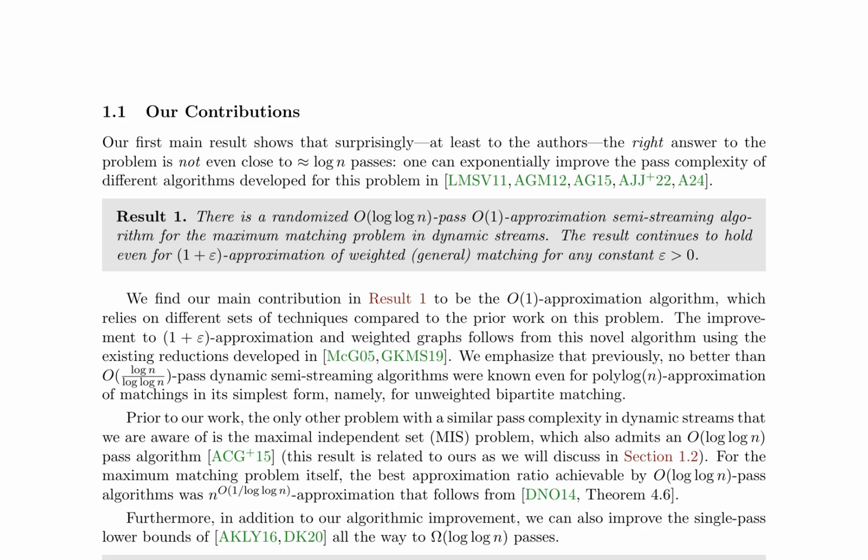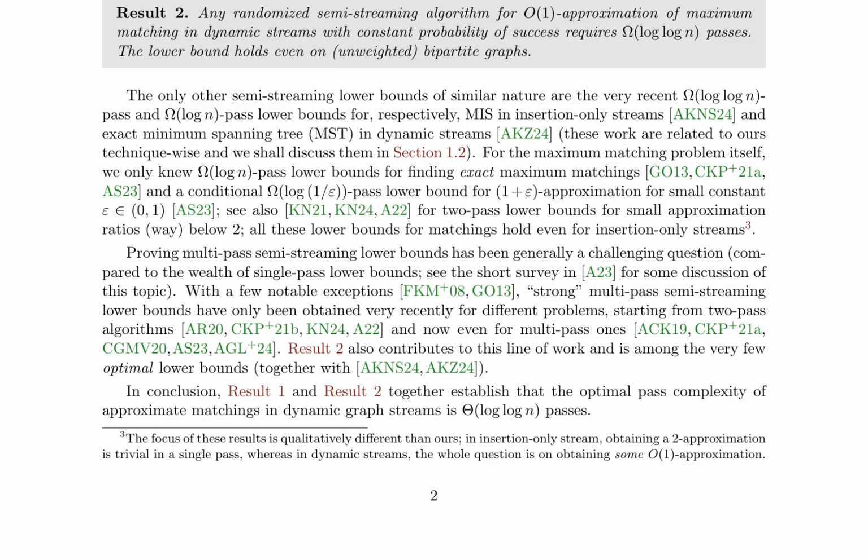The second result establishes a lower bound, demonstrating that any randomized semistreaming algorithm for approximation of maximum matching in dynamic streams with constant probability of success requires log n passes. This lower bound holds even for unweighted bipartite graphs.